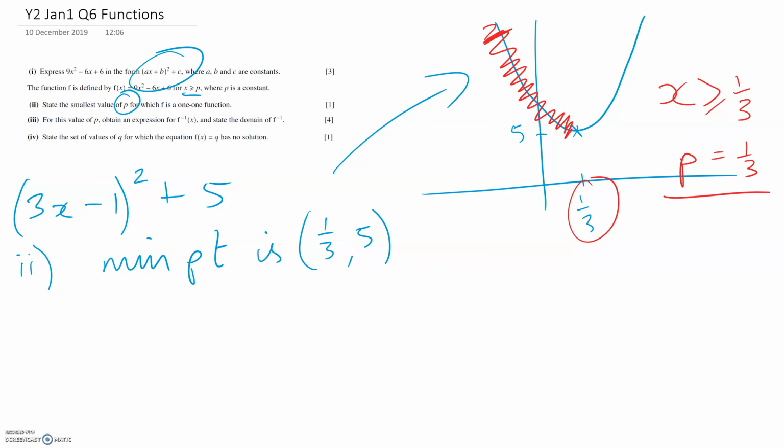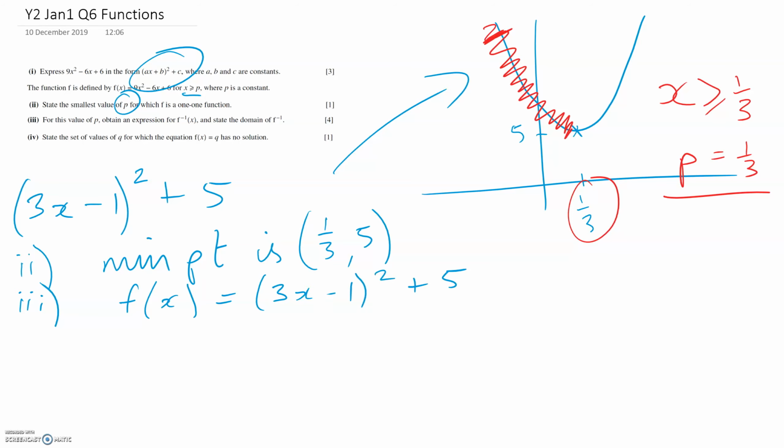Now, part 3. In this question, we have to find the inverse function. So f(x) is (3x minus 1) squared plus 5.